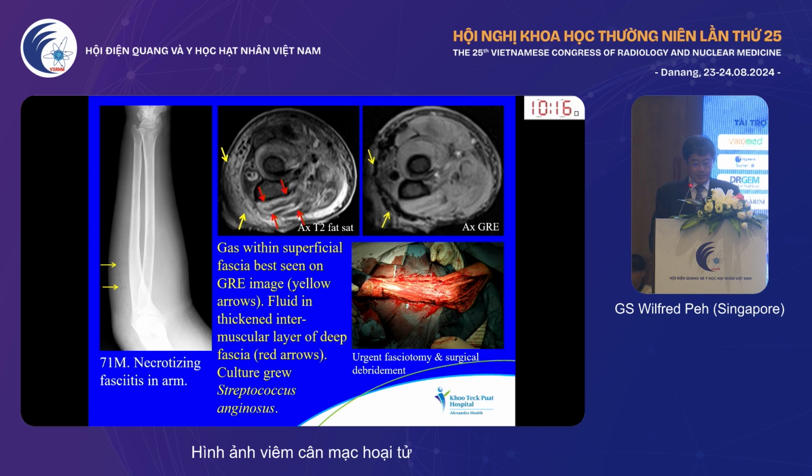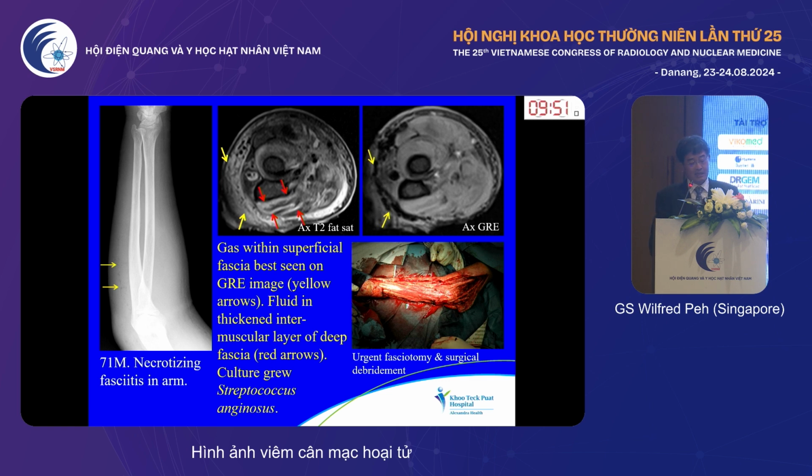So this is another patient, a 71-year-old man. The radiograph of the forearms shows a few streaky areas indicated by yellow arrows. You can see streaky areas of gas within the soft tissue. And on the MRI, the yellow arrow points to signal void areas.